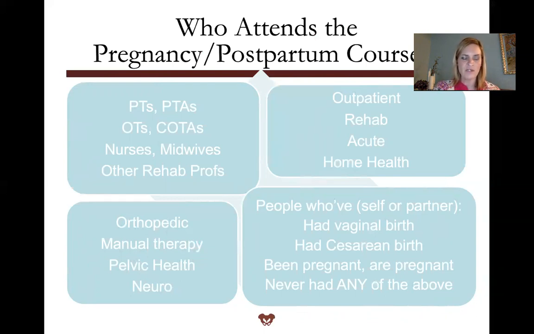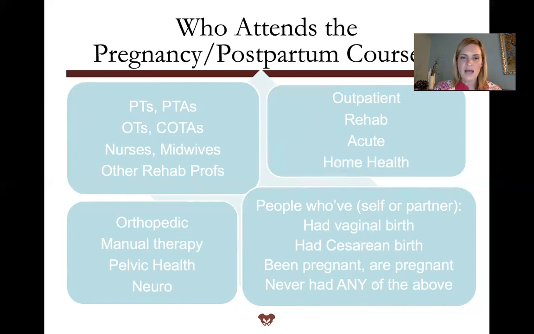We do have participants oftentimes who have some degree of pelvic health therapy work and training or experience. And then we have many participants who've never had any experience in the pelvic health realm. And then we also occasionally have people who have a focus in neuro rehab and neuro training. And so just being mindful of our varied professional experiences.